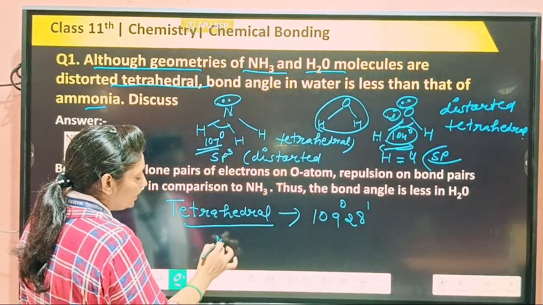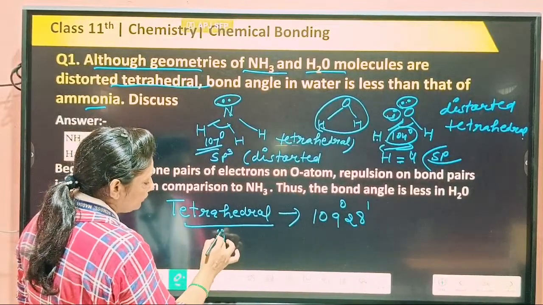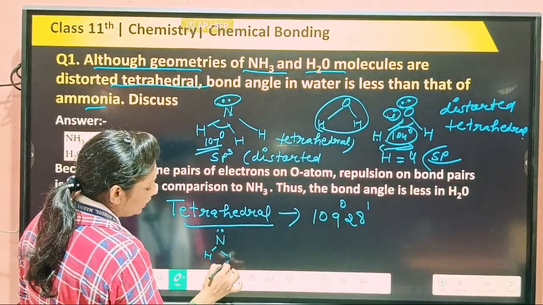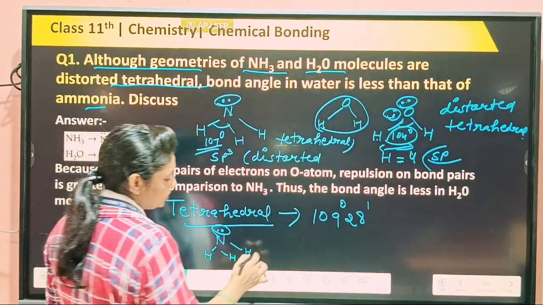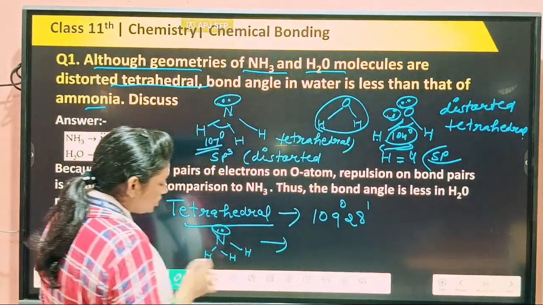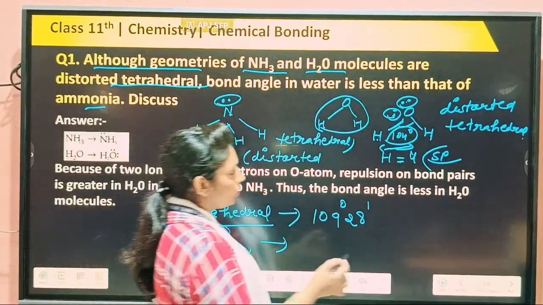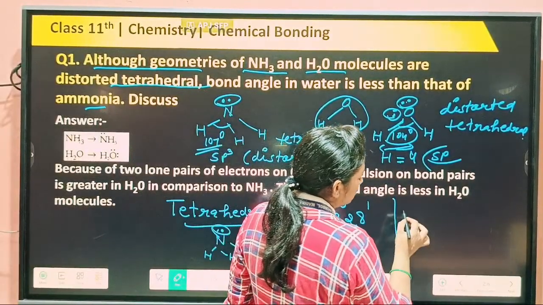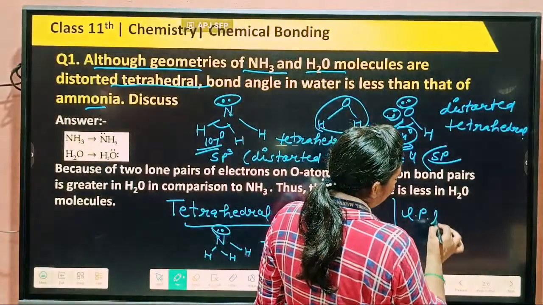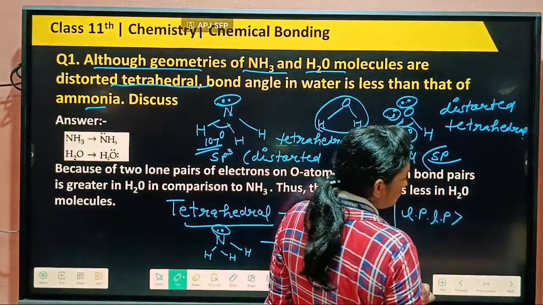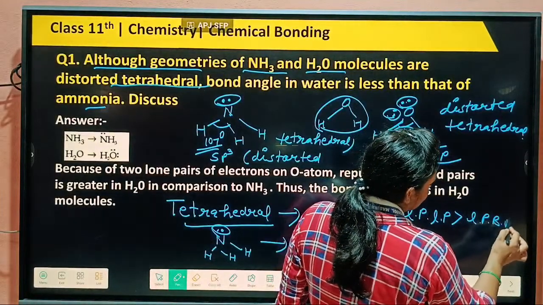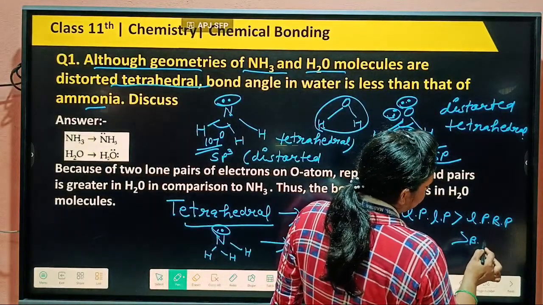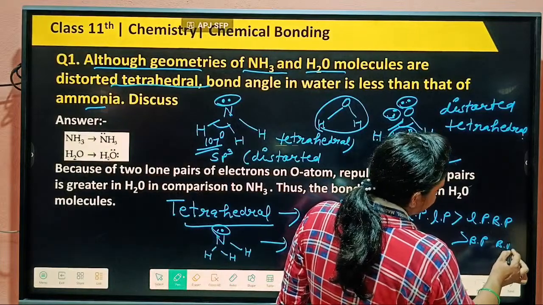But here, in case of ammonia, one lone pair is present. And you know very well, according to VSEPR theory, lone pair-lone pair repulsion is greater than lone pair-bond pair repulsion, which is greater than bond pair repulsion.